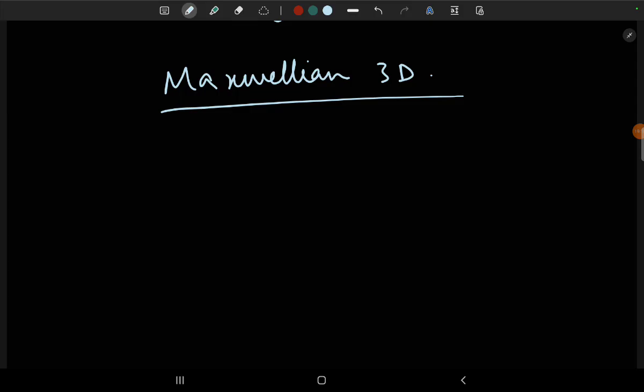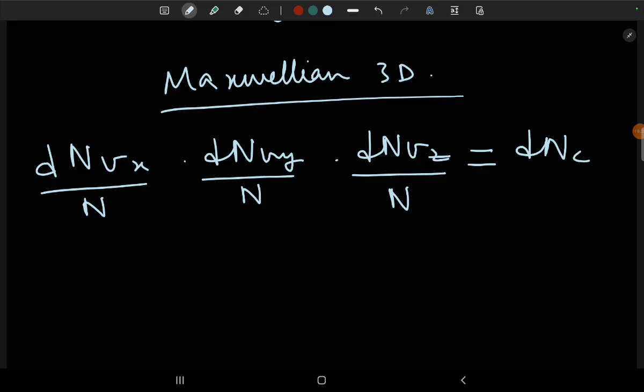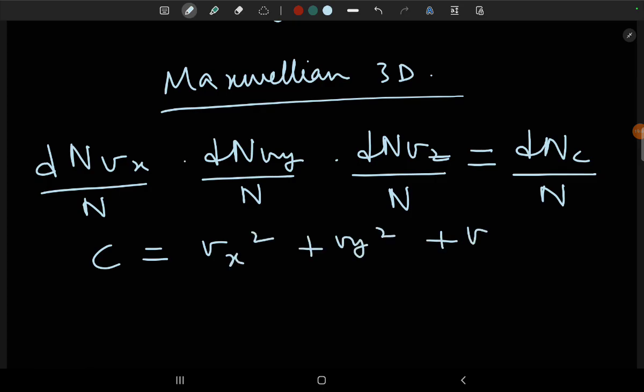That is, the probabilities dn vx by n into dn vy by n into dn vz by n are multiplied to give the probability that the molecule was moving with a speed c, and this c was actually the square root of vx squared plus vy squared plus vz squared.